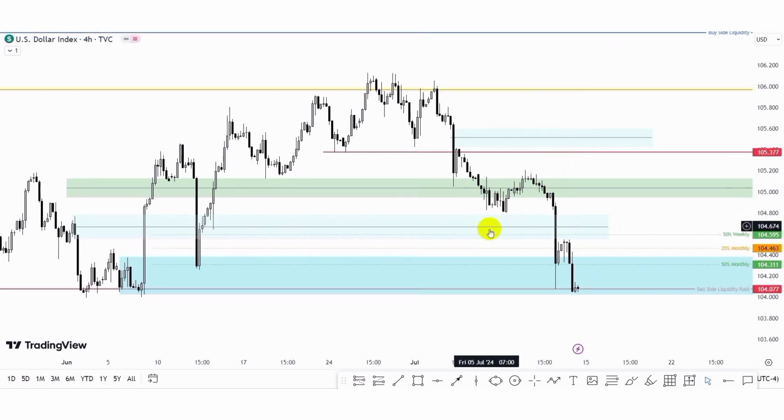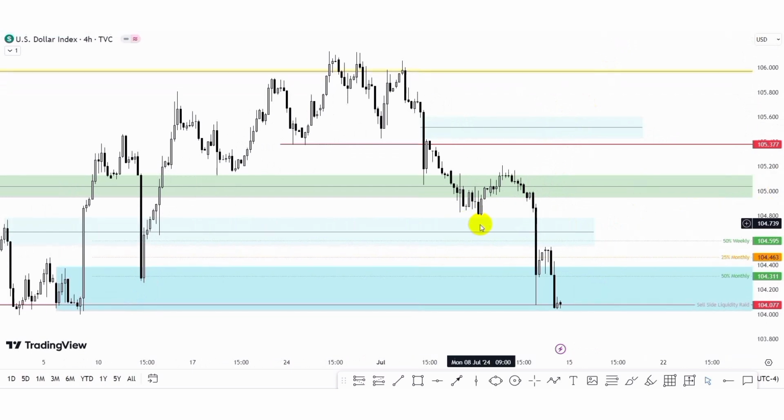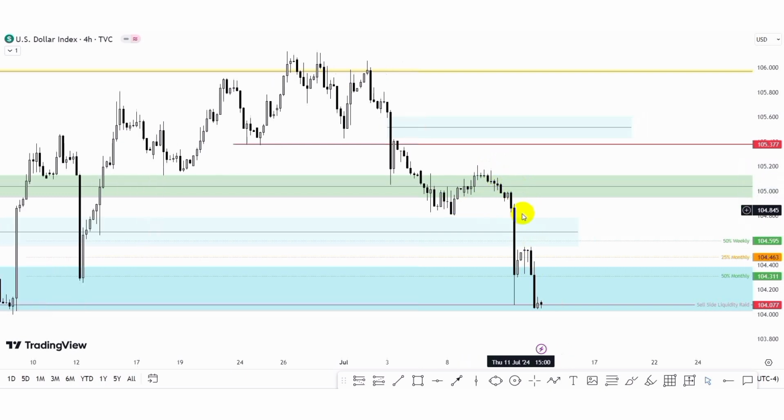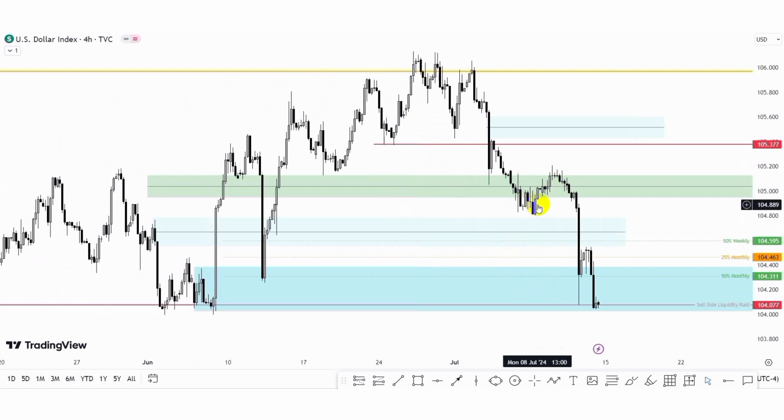So you can see price return close to the zone, but price didn't really mitigate the zone. Then we have price push to the upside within the weekly inversion fair value gap, and then you can see the massive drop of price. So the CPI news sponsored this momentum movement to the downside, this massive expansion to the downside. So this is what you can see played out in the dollar index.